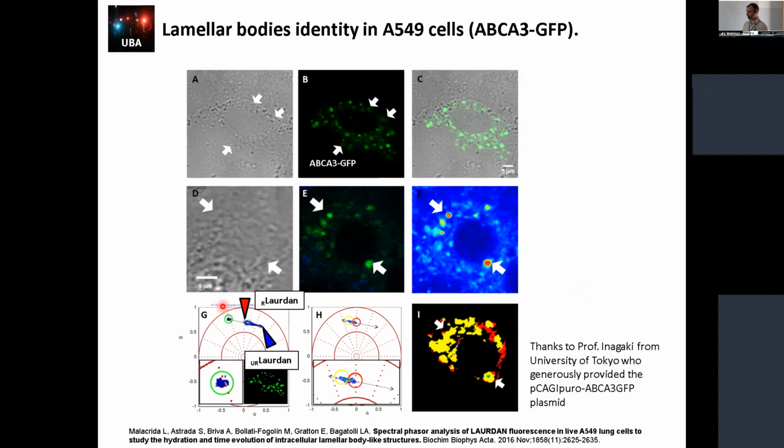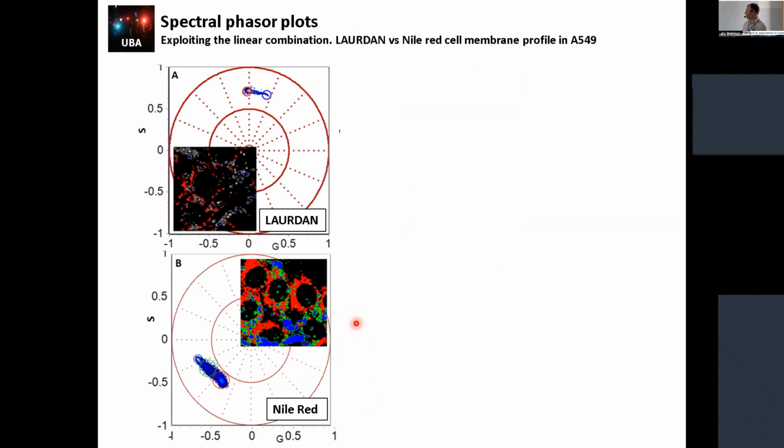So I tried to tackle this with biophysics and spectral phasor. The problem was that green fluorescent protein lies on the phasor here, and the Laurdan trajectory is this. You see that if you combine green fluorescent protein with Laurdan, it will not give you much information about the combination of fluid or gel with the green fluorescent protein. But we can use a different fluorophore, Nile red, which behaves more or less the same as Laurdan.